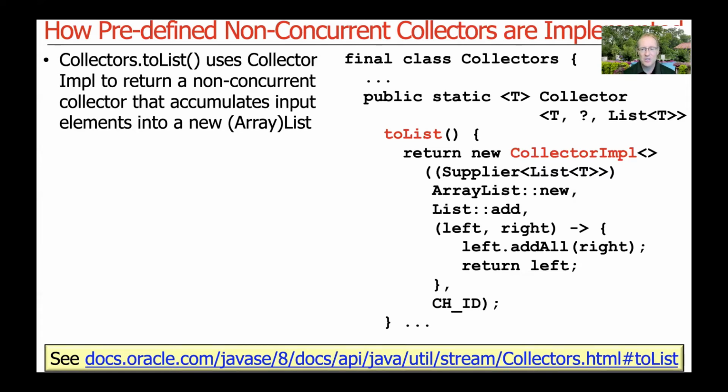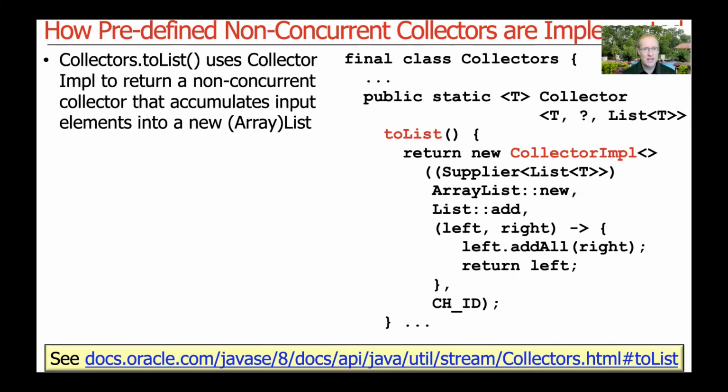If you take a look, you can see that toList, the factory method defined on Collectors, returns an instance of CollectorImpl. And you'll see how CollectorImpl's constructor takes a bunch of different types. They're all functional interfaces. It takes a supplier to indicate what the constructor reference is to make an instance of the accumulator. In this case, it's ArrayList::new, which is very common.